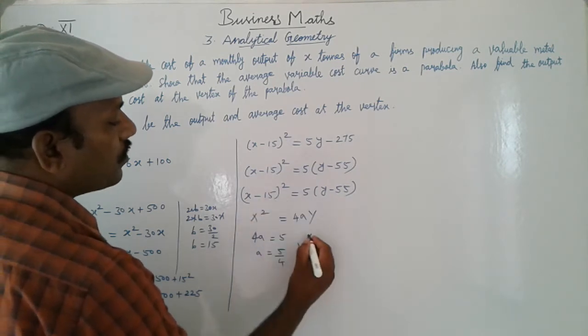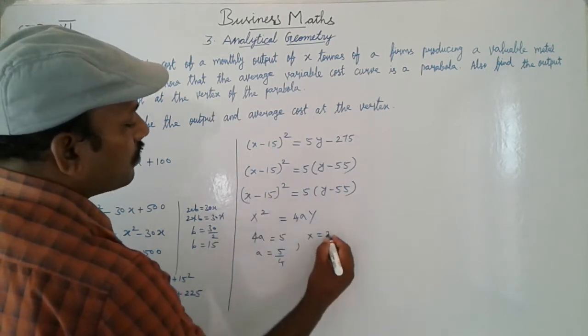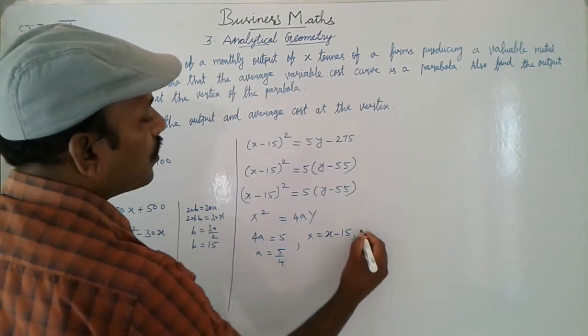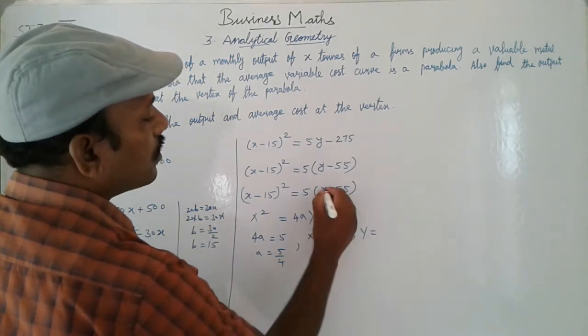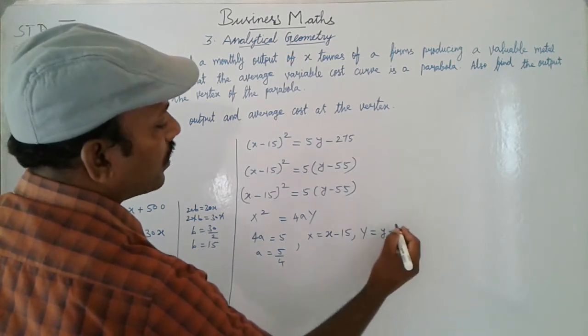Capital X equal to x minus 15, and capital Y equal to y minus 55.